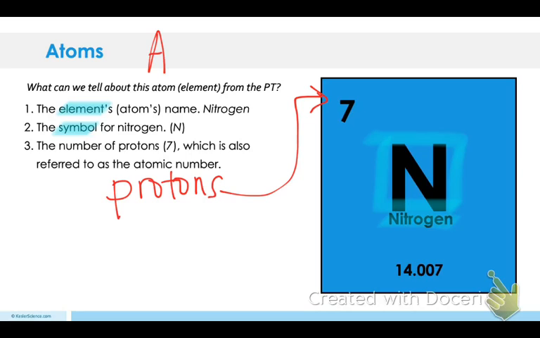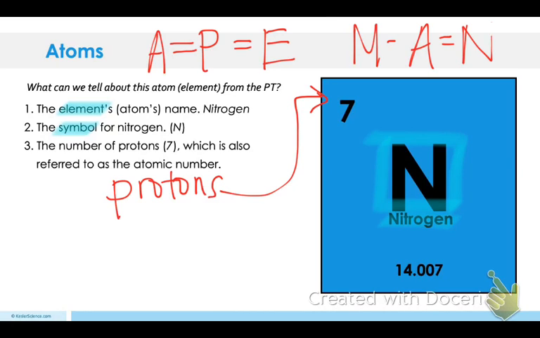So if we remember APE MAN, the atomic number is going to equal the number of protons, which is going to equal the number of electrons.